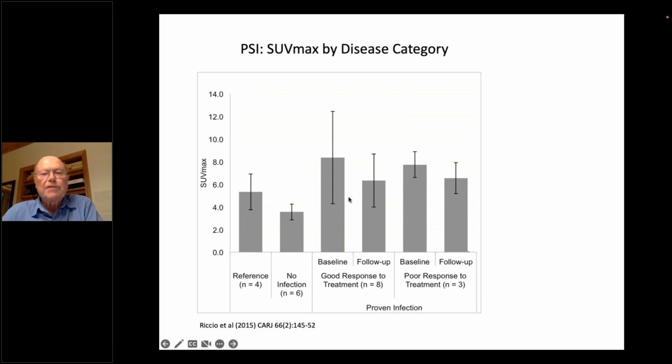There is a slight fall in the good responders, but significant overlap, and similar findings in the patients who responded poorly. And the differences were not statistically significant.